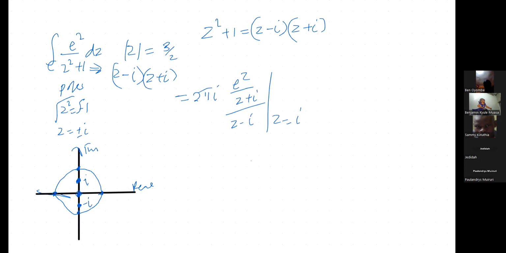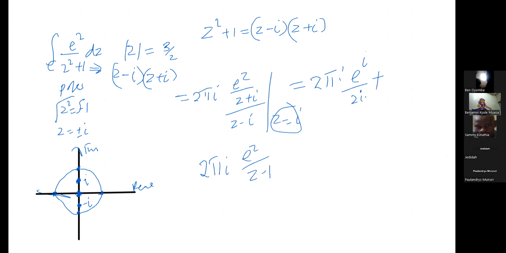When you substitute, what do we get? We get 2 pi i times e to the power i divided by 2i. Then plus, because the other one is still inside, we have 2 pi i times e to the z divided by z minus i, where we substitute z equals minus i.